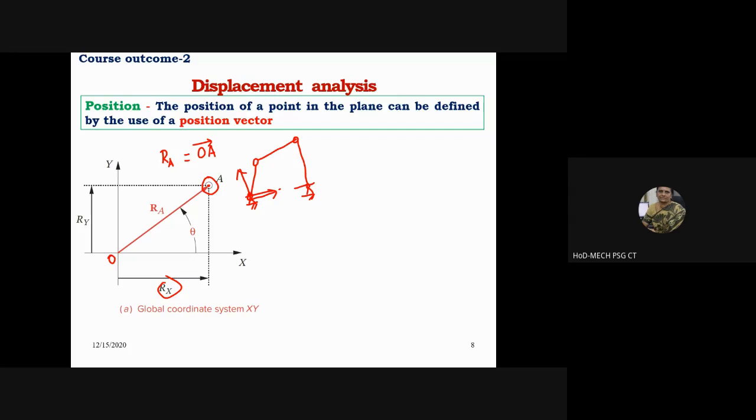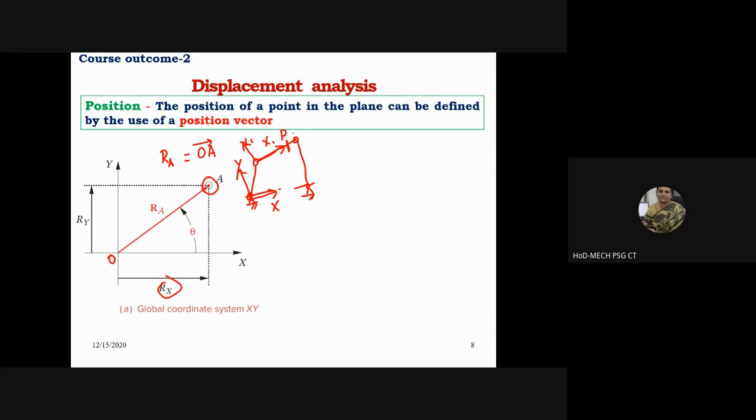And in order to analyze some points on this, it's preferred to have a local coordinate system like this. You can represent the position of point P here in terms of this new coordinate system x1, y1. And there could be a relationship established between x1, y1, the new local coordinate system, and the global coordinate system, capital XY.